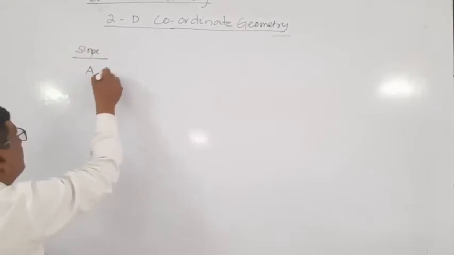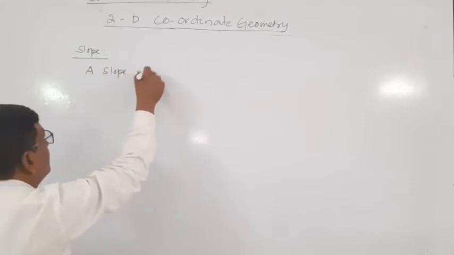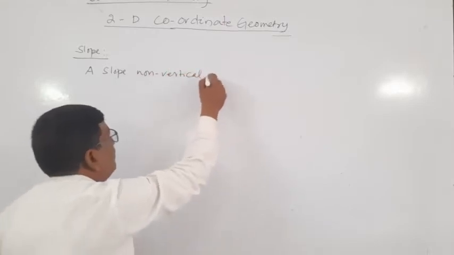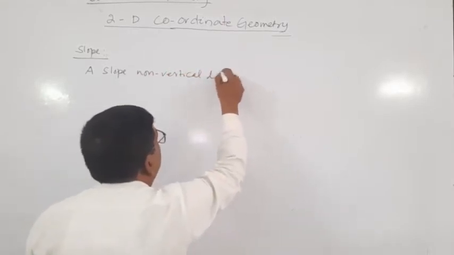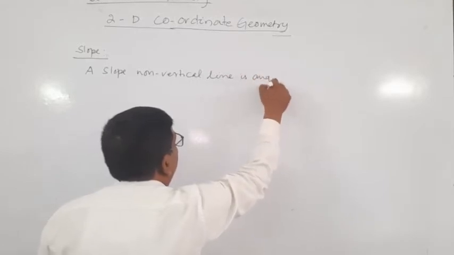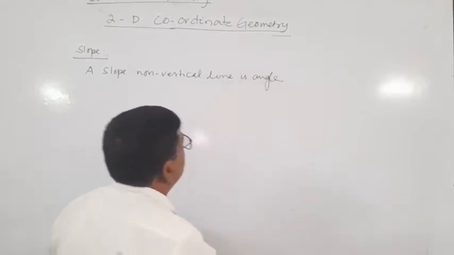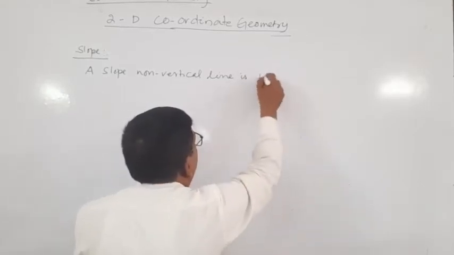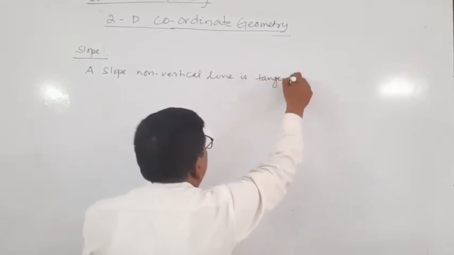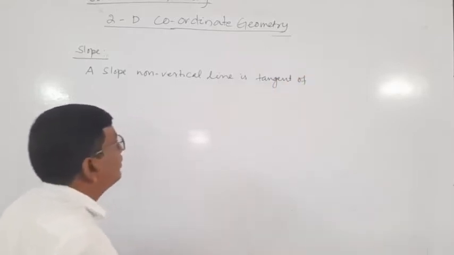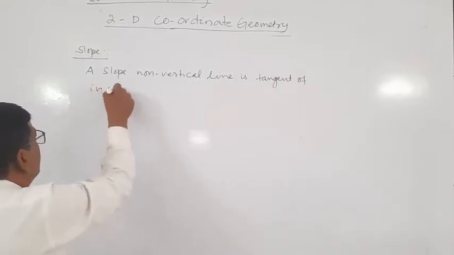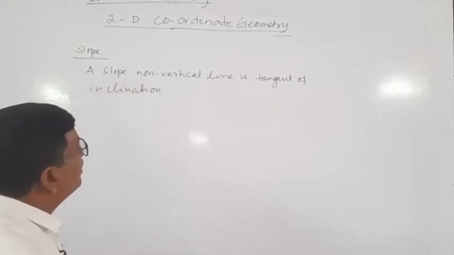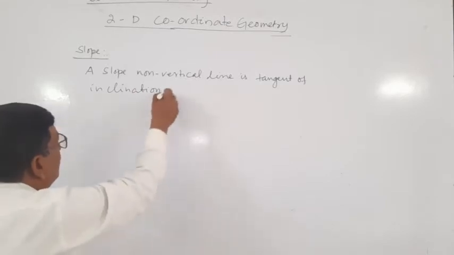The slope of a non-vertical line is the tangent of the angle of inclination.